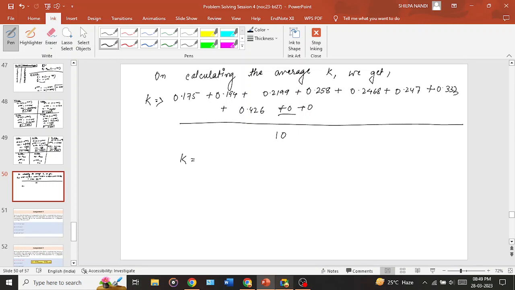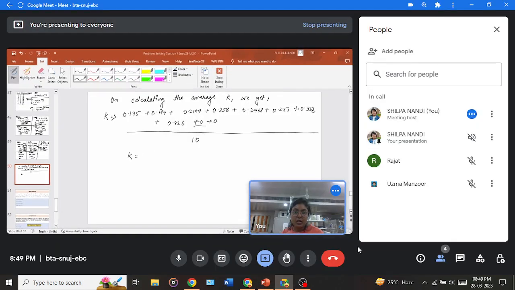Can anyone average it out and tell me what the answer is? I have a calculator with me in my hand. You can also solve with me.